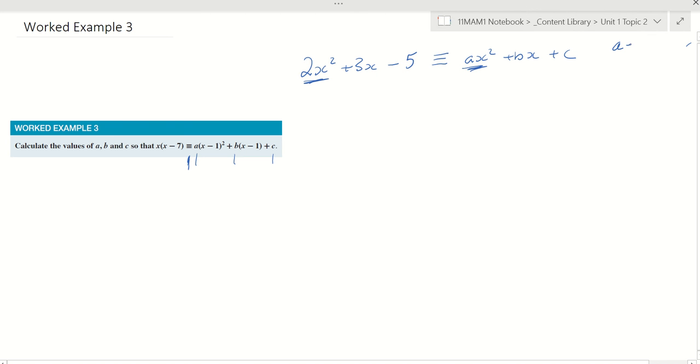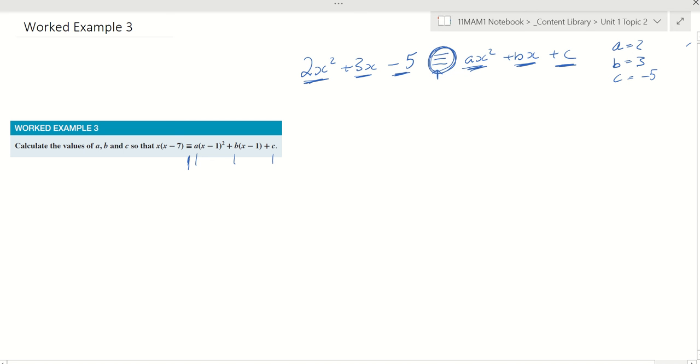So a would be equal to 2. The coefficient of the x has to be the same as the coefficient of the x on this side because they're equivalent. So b would be 3. And then the constant on this side is the same as the constant c on this side because they're equivalent. So c must be -5.